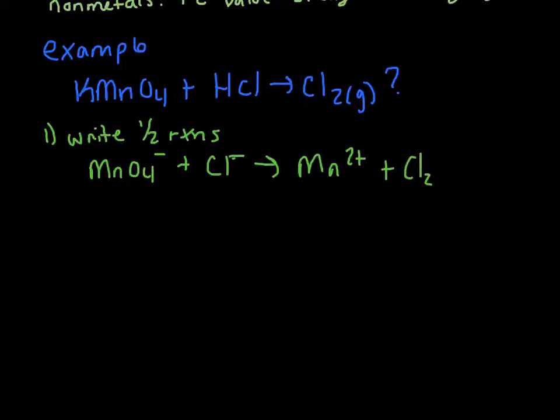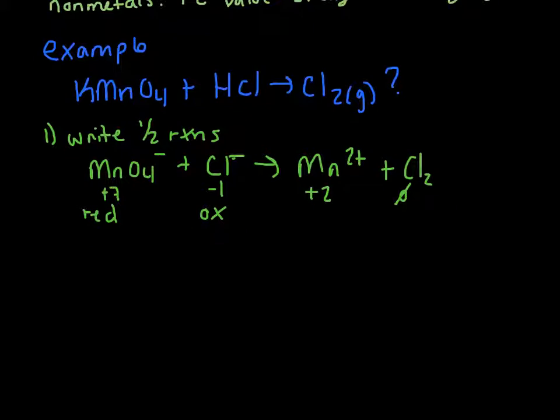We're just looking at those important ions that we know are going to be doing the oxidation reduction. Manganese has a +7, chlorine a -1, manganese 2+ has +2, chlorine a value of 0. Therefore, manganese is going from +7 to +2, so it is being reduced. Chlorine is going from -1 to 0, so it is being oxidized.